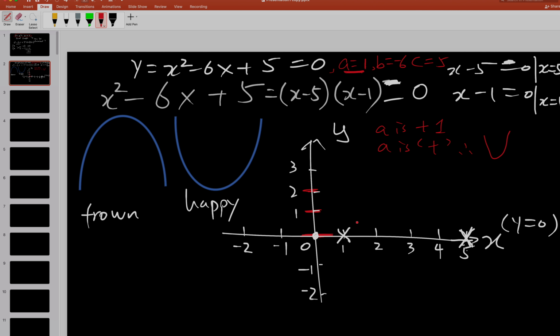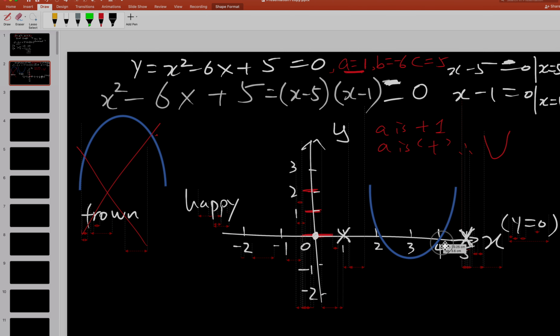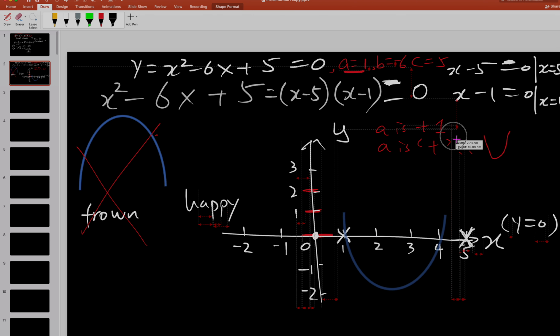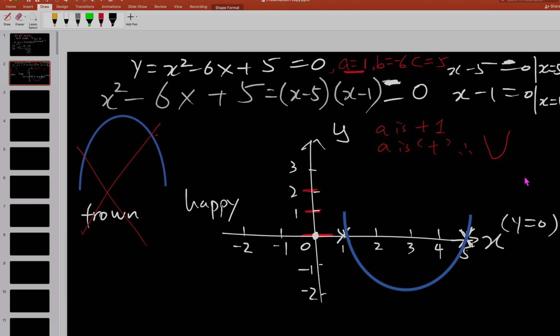In this case A equals to 1, so A is positive. Therefore it's a happy face. So you write exactly the same thing. In this case it's not a frown face, it's a happy face. So you just get this. Does it make sense?